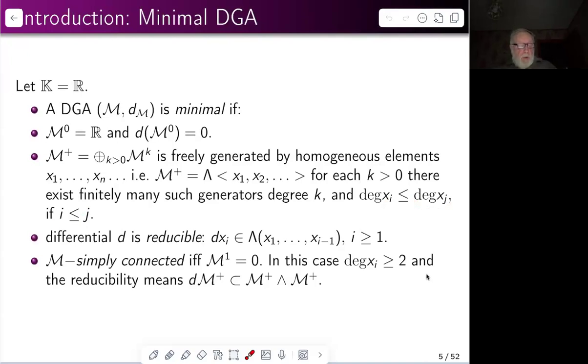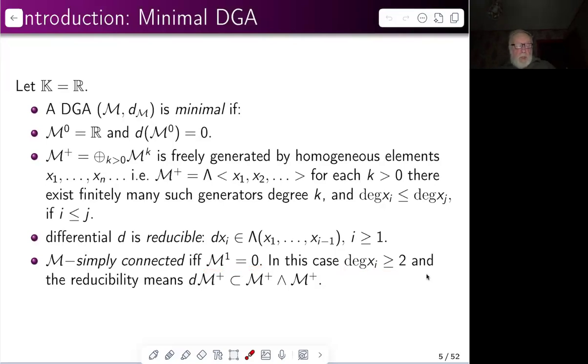It means that if we have a generator x sub i of degree k, then dx belongs to the algebra generated by x1, ..., x sub i minus 1. We will also say that our minimal DGA is simply connected if the first degree part equals 0. And in this case, generators xi have degree bigger or equal to 2.